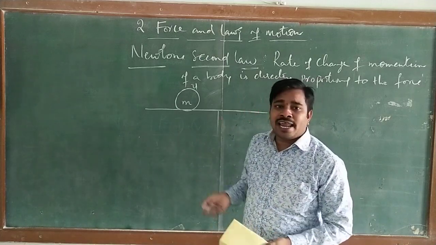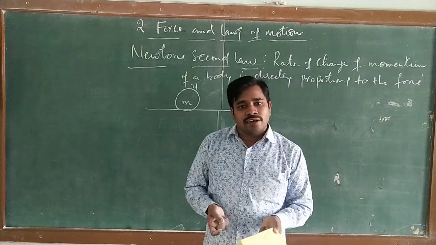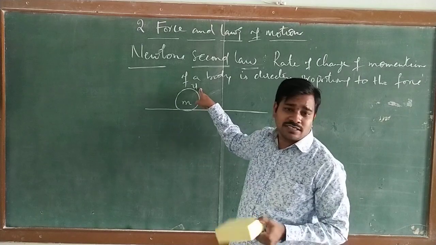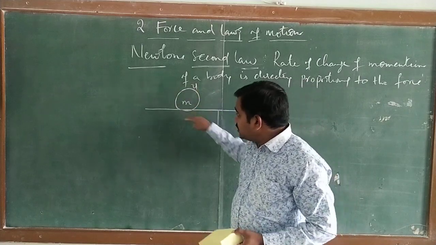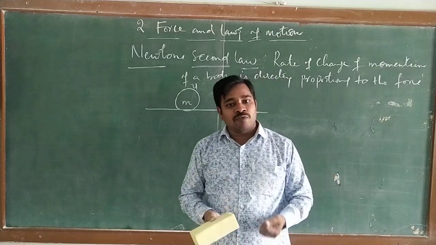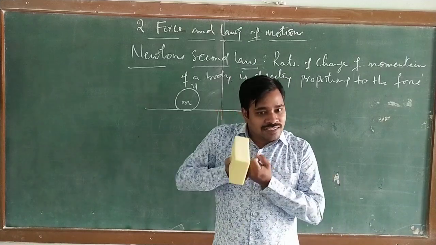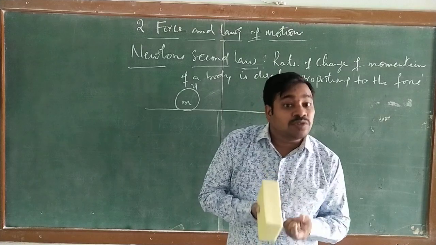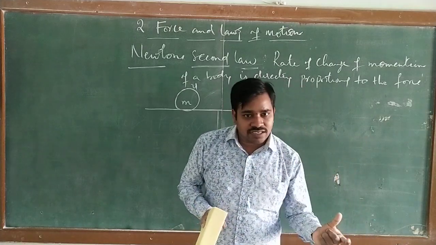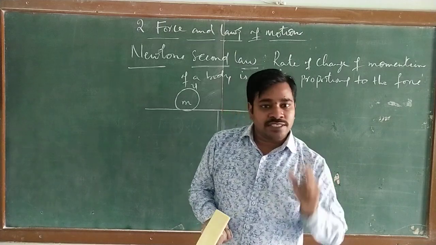We already know momentum is the product of mass and velocity. Even for a gun, before we fire, the gun is at rest and the bullet is also at rest, so the initial momentum of the gun is zero. Any body at rest has zero initial momentum.